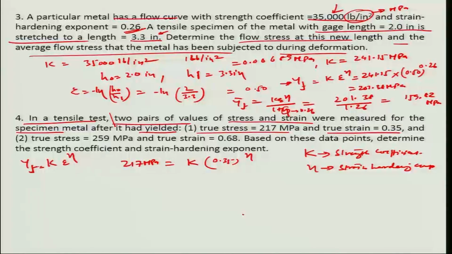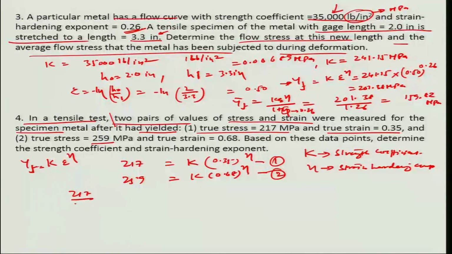The other pair of values corresponds to 259, and the true strain recorded is 0.68, to the power n. These relationships are obeyed because both of them are in the flow region, and the stress strain characteristics follow the flow curve. So we can have a ratio between 1 and 2.